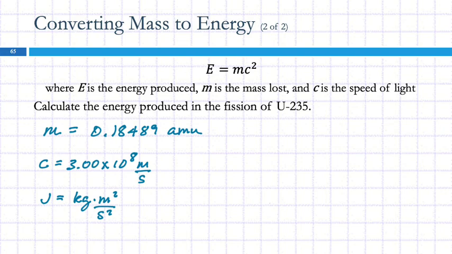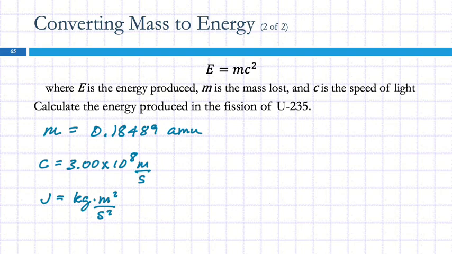So if we use E equals mc squared, the meters per second on the speed of light are fine, but we would end up with atomic mass unit meters squared per second squared, which doesn't really mean much of anything to anybody.